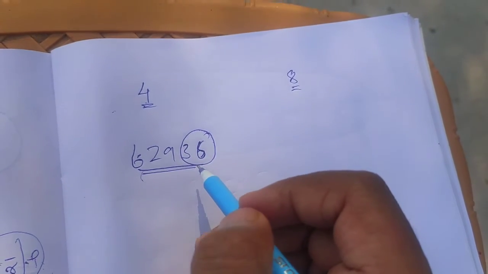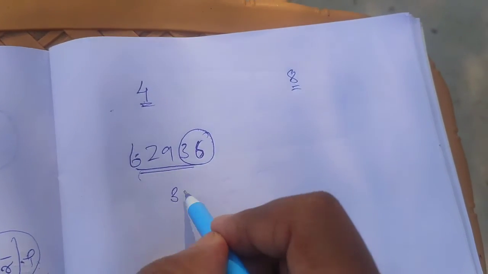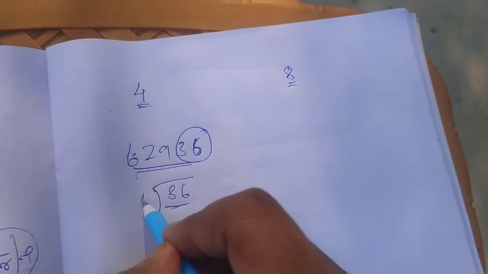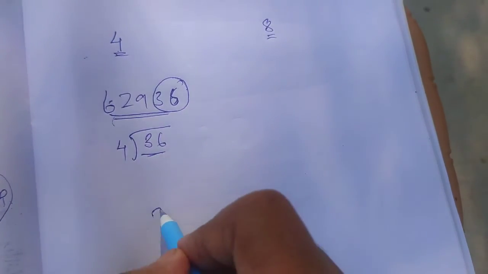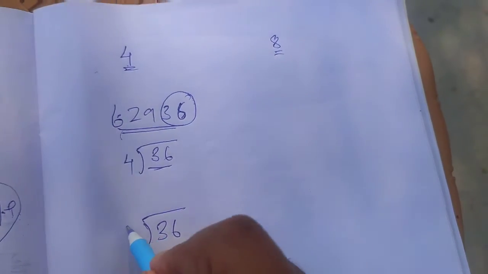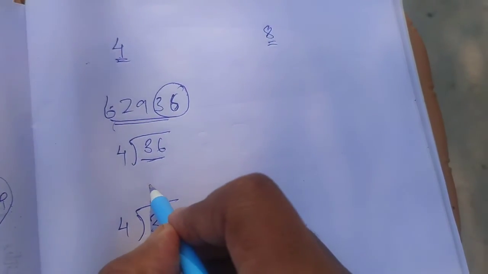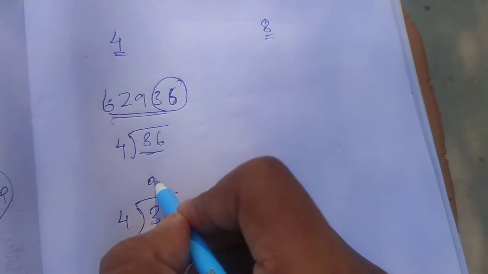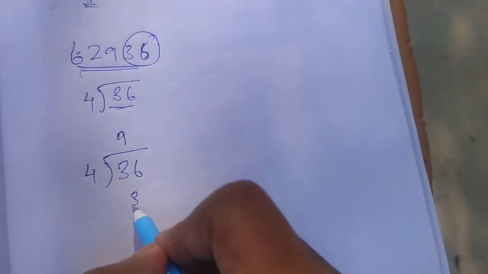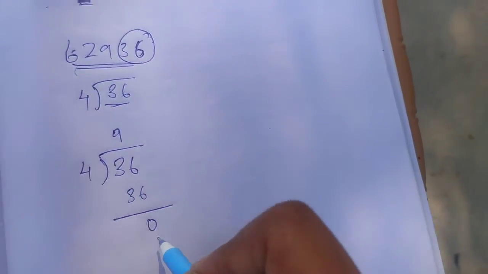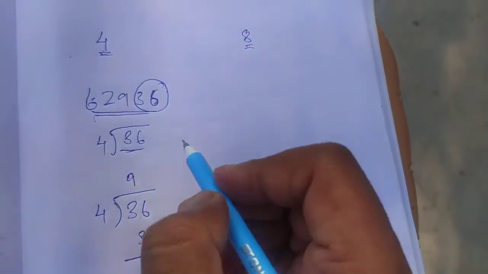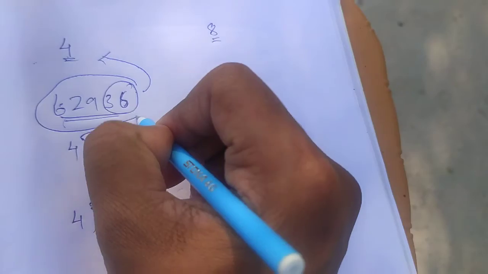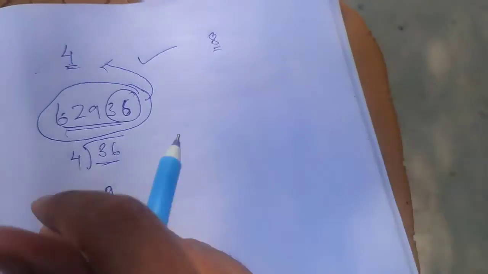The last two digits are 36. This 36 is divided by 4. What do we get? 4 nines are 36. Remainder is 0. Since you got the remainder 0, this full number is divisible by 4.